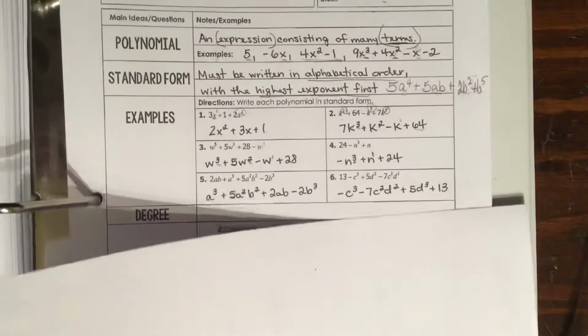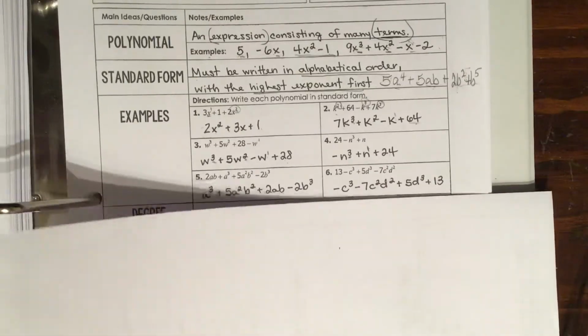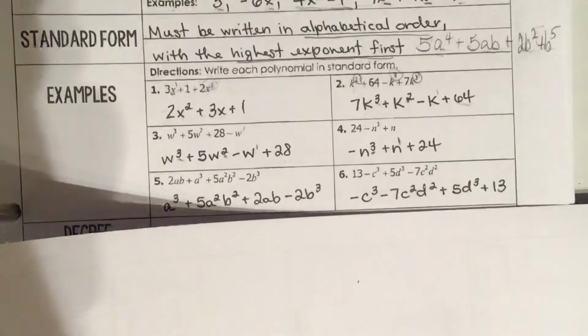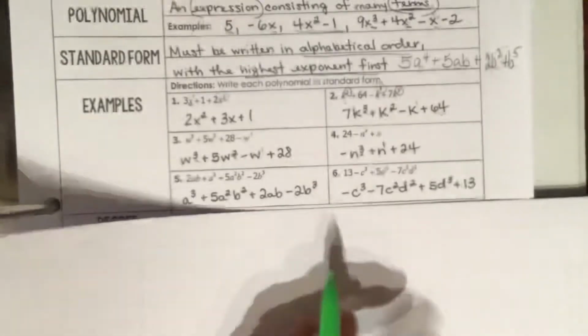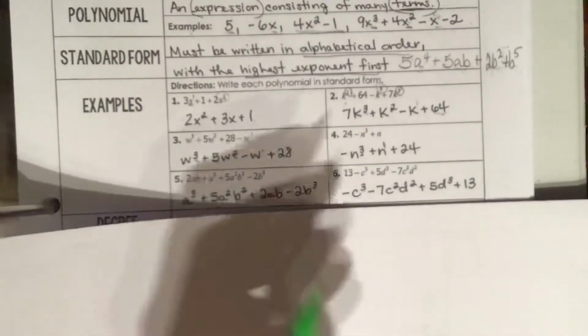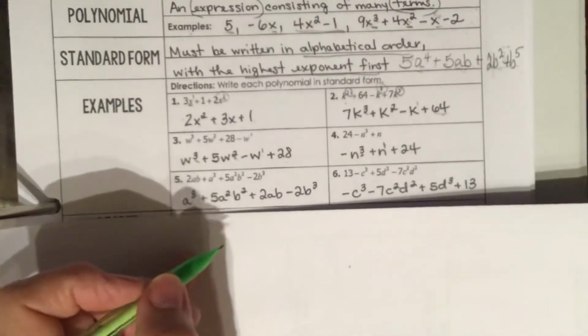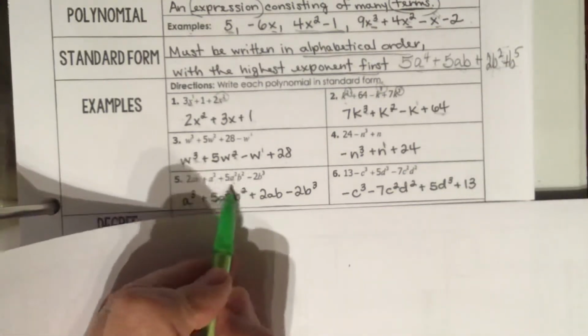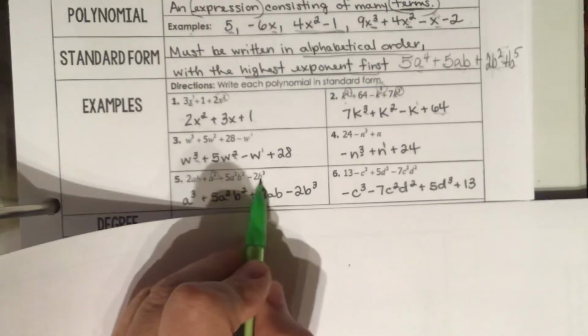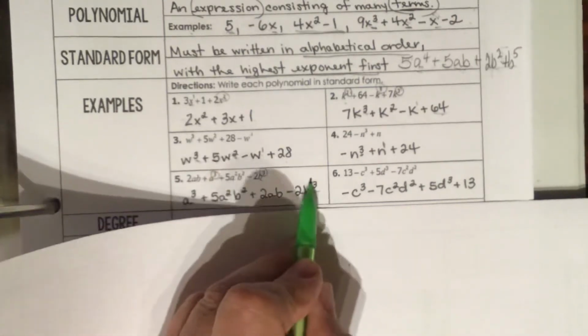Let's do number 5. Let me make that a little bigger. Here, it's more like the one I was showing you in the example. So we have the cubed root of A. A comes before B, so B is going to be at the very end.